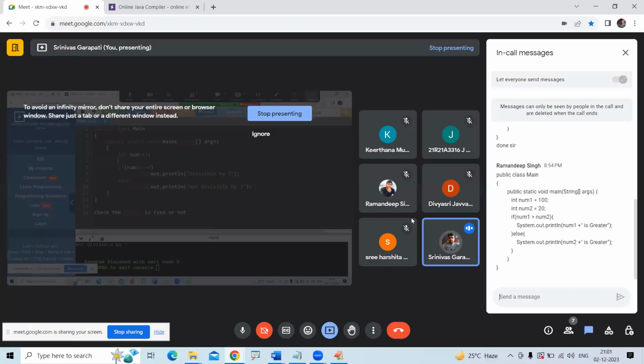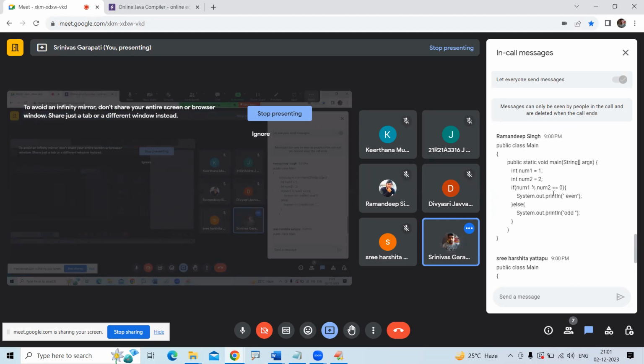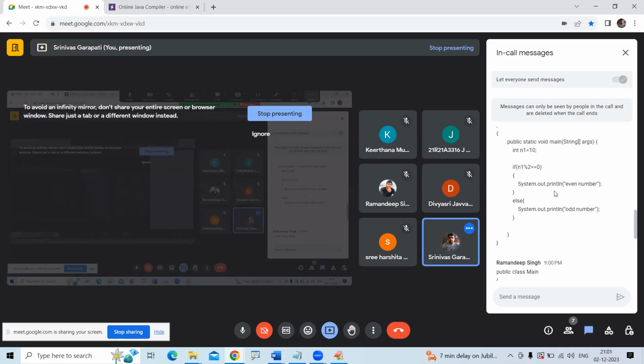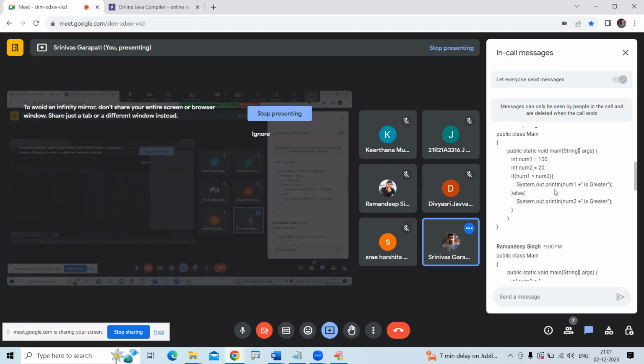Just let me check how many of you have written. Nice. The number which is divisible by 2 is called what? Even number. Any number which is divisible by 2 is called an even number.